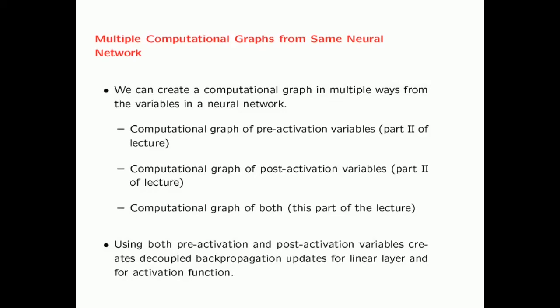In this part of the lecture, we will look at the case in which we have a computational graph containing both pre-activation variables and post-activation variables. Using both decouples the backpropagation updates for linear matrix multiplication and those for the activation function. From an implementation point of view, as we will see, this turns out to be quite convenient.